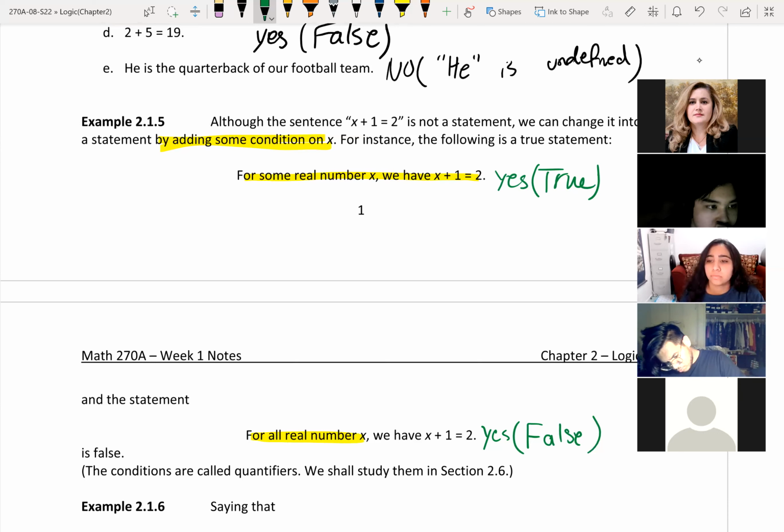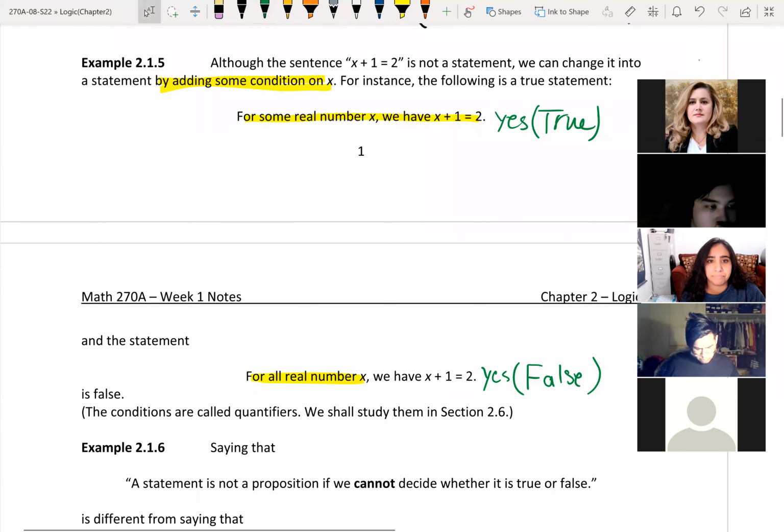Does it make sense? Even if something is not a proposition, I could change it in a way to be a proposition, either a false proposition or a true proposition. This kind of wording that I have used for changes is called quantifiers. Soon in 2.6, we will learn about quantifiers.